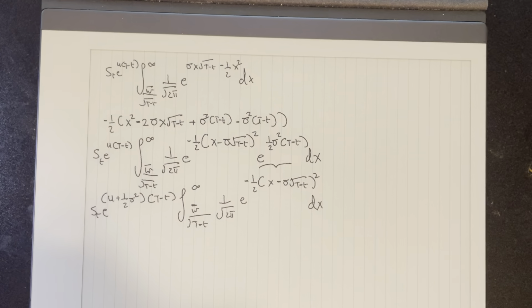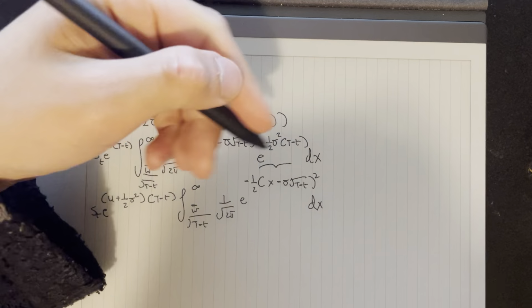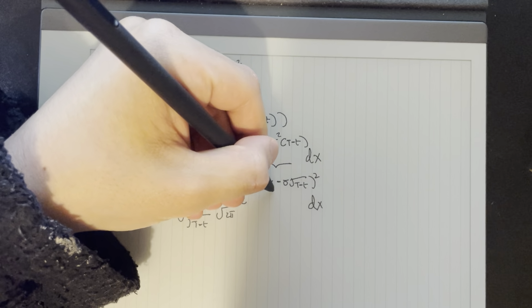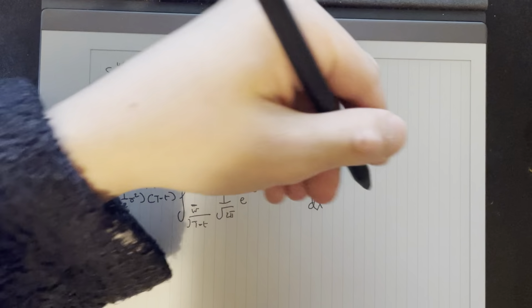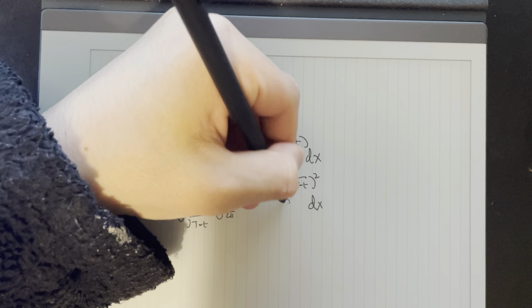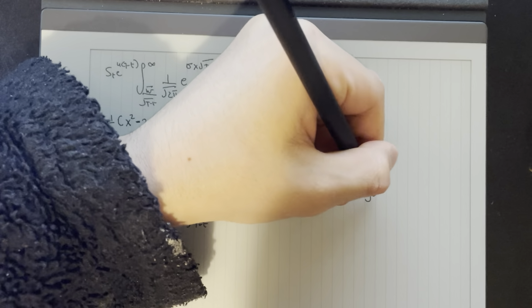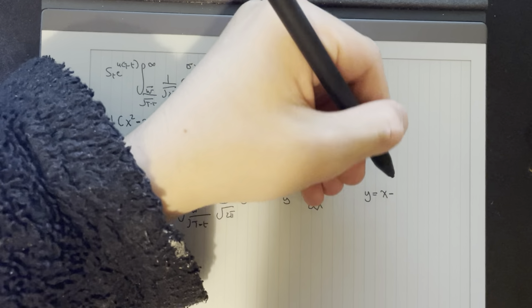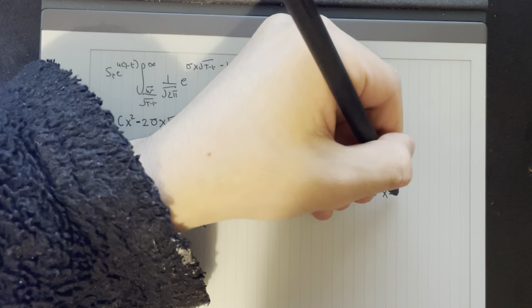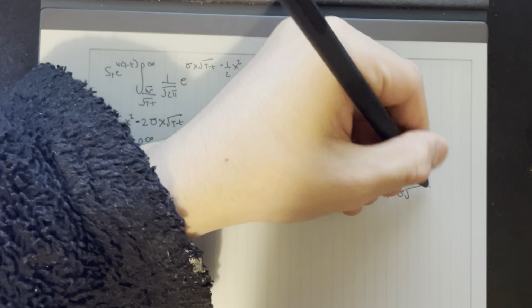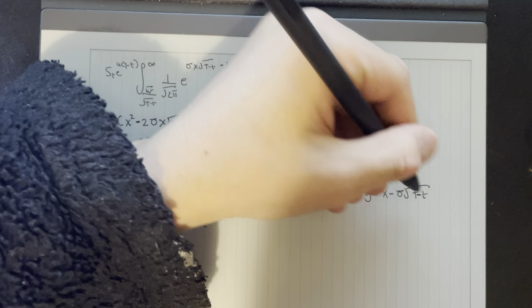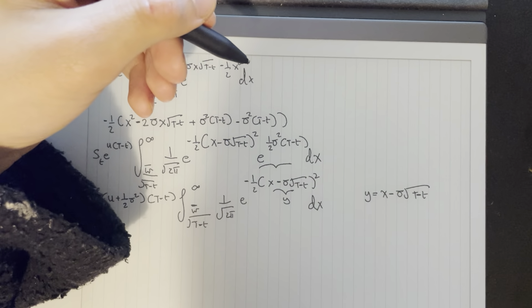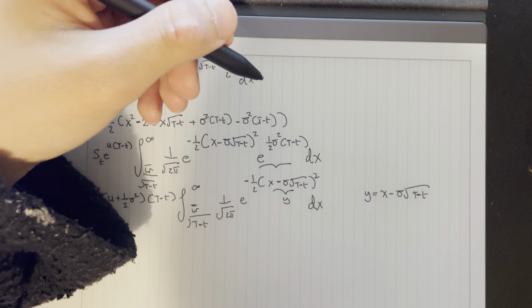dx. And now what we're going to do is standardize again. So we're going to call this part of the equation y. So in essence, y is equal to x minus the mean, in this case, if you want to think about it, being the volatility multiplied by the square root of capital T minus little t.